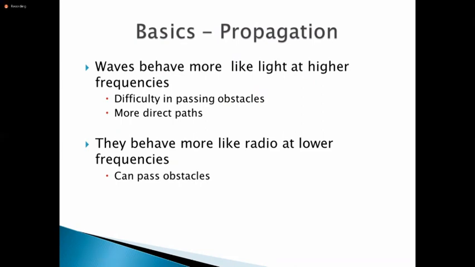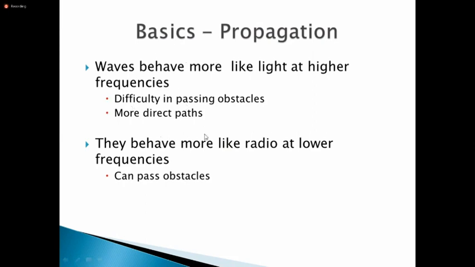Now there are two types of behaviors of waves, right? When waves of the electromagnetic spectrum are propagating in free space, these are the two types of properties that they have.